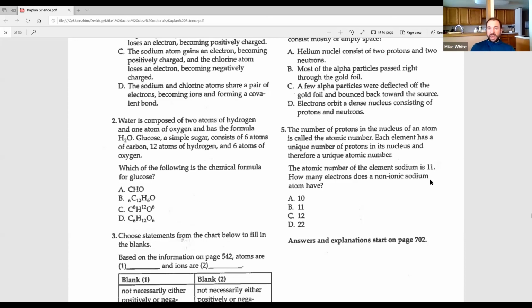But that changes the number of electrons in an atom. But in a regular atom of any element, the positives and negatives are equal. So this is as simple as if sodium has 11 protons, then it has 11 electrons. And that's it. The answer is just 11. So again, I apologize. I set you up for failure on that one. So let me stop there.